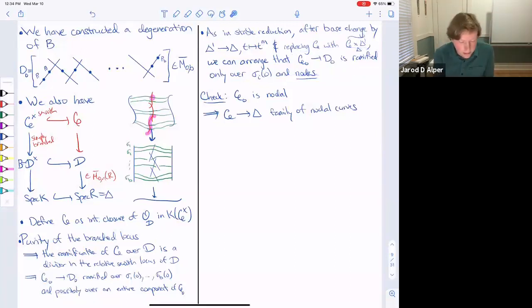What you need to check here, and this requires some details I'm not going to get into, is that the central fiber is indeed nodal. After this process, it's reduced and nodal, and this gives you a family of nodal curves. That's the outcome of degenerating these simply branched covers. Note that if C0 is stable, we're done.